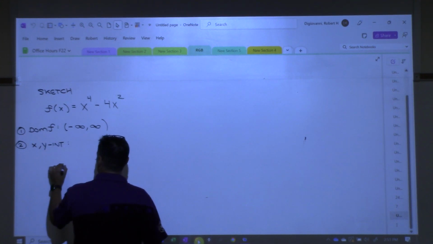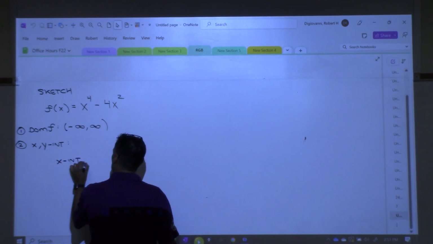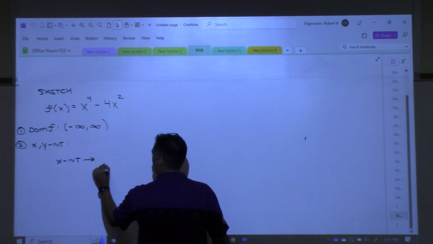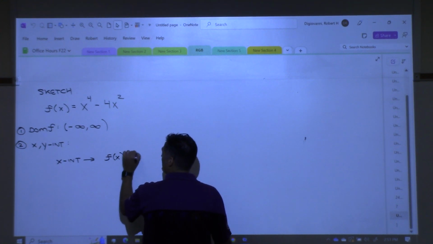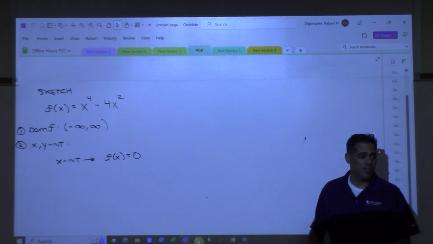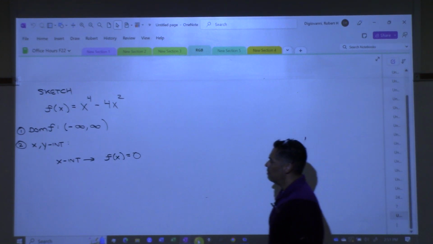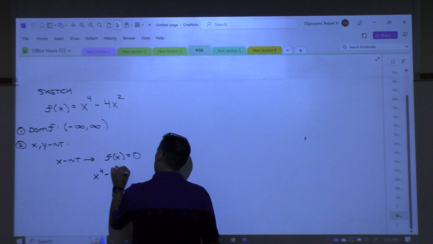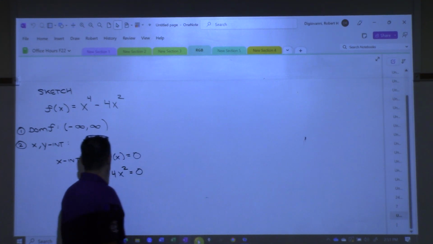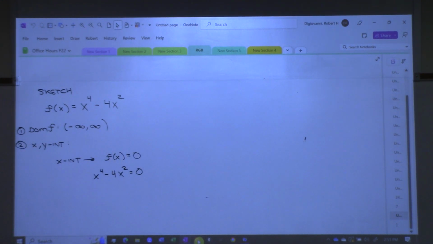How do we find x intercepts of any function? Take the function and set it equal to 0, right? Figure out where that function's 0. So we take the function x to the fourth minus 4x squared and set it equal to 0. What can we do here?